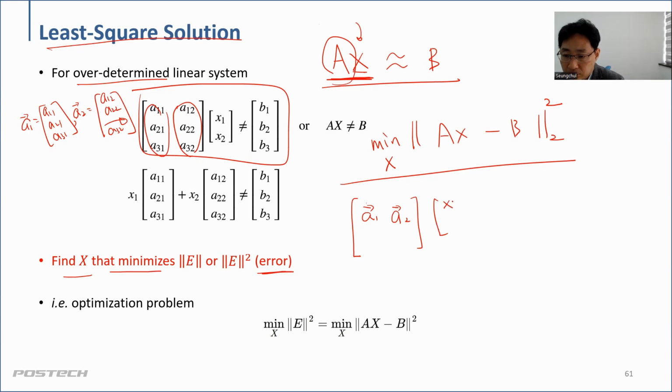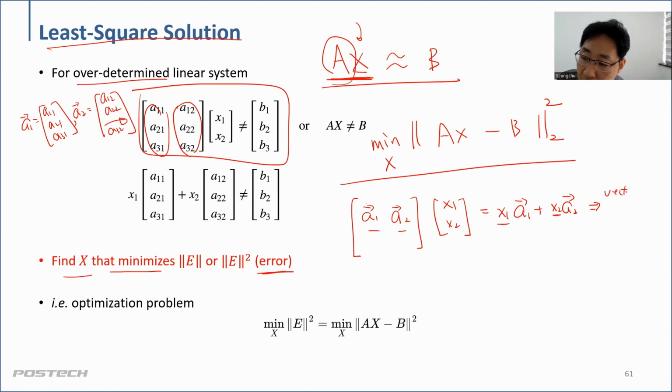And we have x of 1, x of 2. This one is a linear combination of the column vectors in the A matrix, with these rescaling factors or coefficients, weights, whatever. And again, this is a vector.